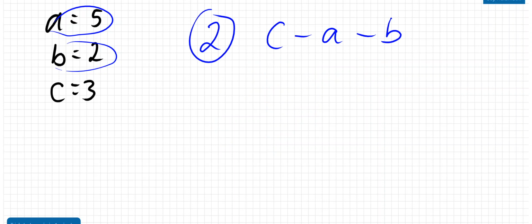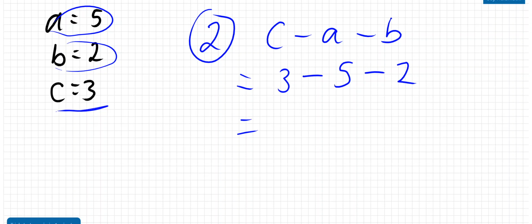Okay, our next question, we have C minus A minus B. Now remember, all of our values here are positive, so we don't have to worry too much about negatives. So replace C with, in this case, 3. So 3 minus A, which is a positive 5. So 5 minus B, which is 2. I didn't use brackets because I can see that I don't really need to.